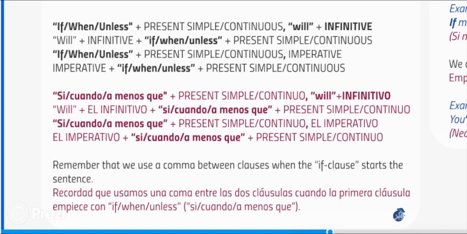Imperative plus if, when, or unless plus the present simple or present continuous. Remember that we use a comma between clauses when the if clause starts the sentence.